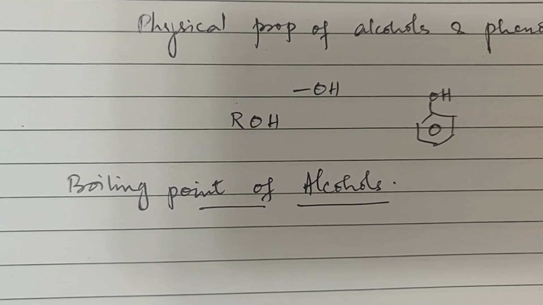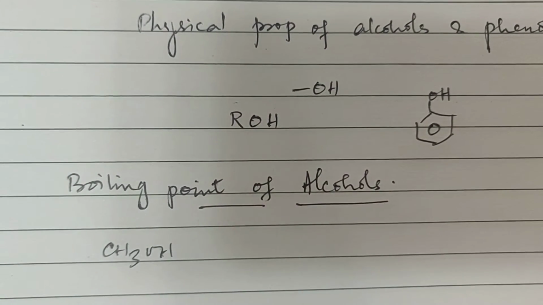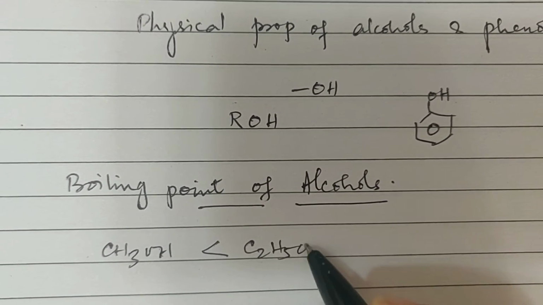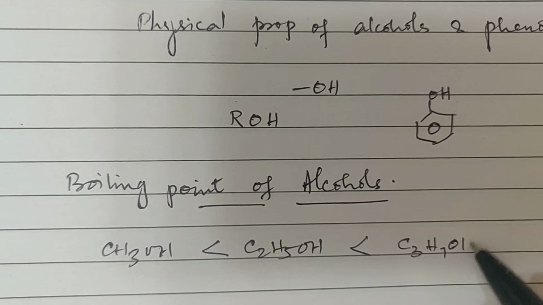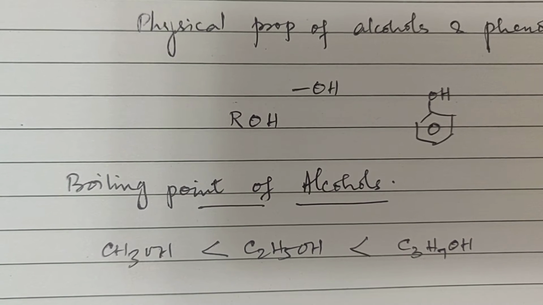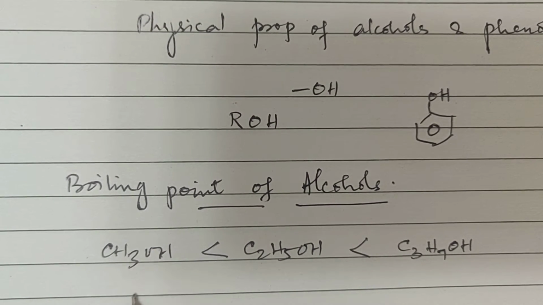The same way here also, boiling point of alcohol increases with increase in the number of carbon atoms. So you can expect methanol having the lowest boiling point than ethanol, than propanol, like this, because the molecular mass is the least for methanol and it is the highest for propanol.